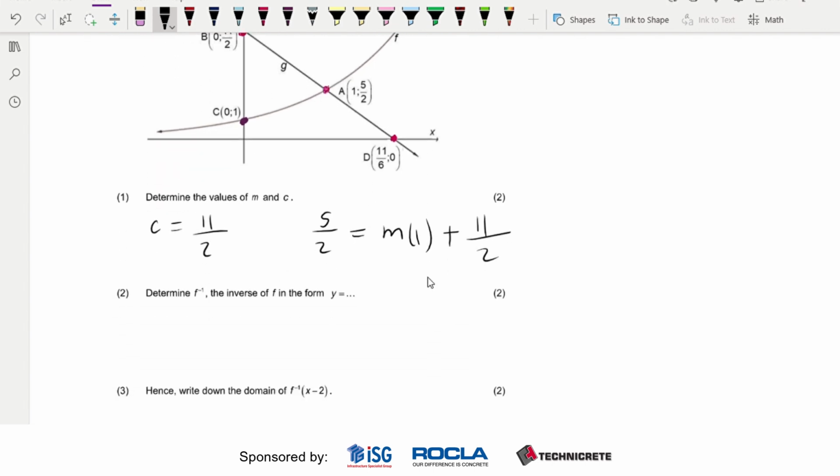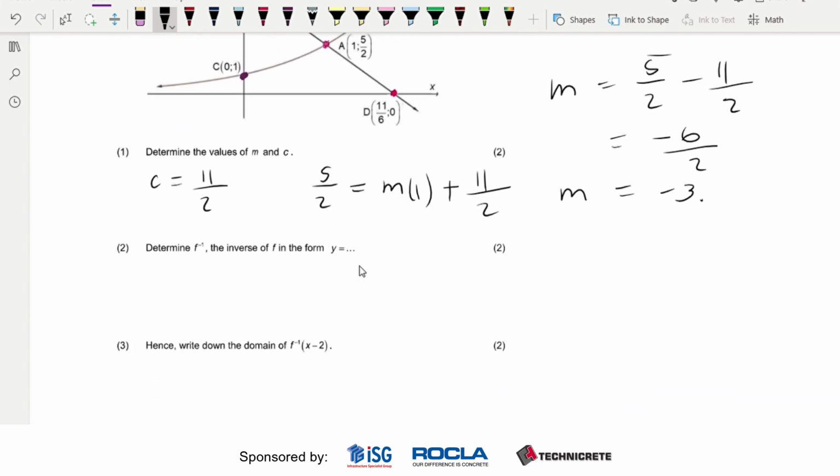So m times 1 is just m. So m is equal to 5 over 2 minus 11 over 2. 5 minus 11 will give us negative 6 over 2, which is negative 3. So c is 11 over 2, m is negative 3.